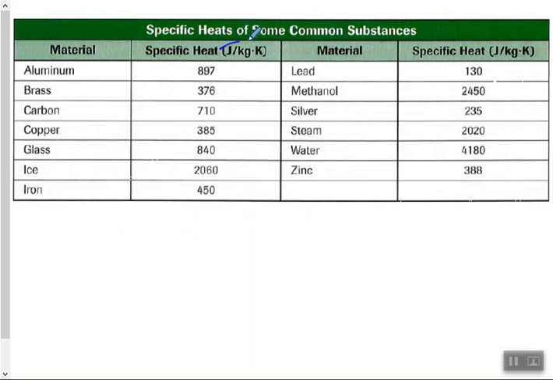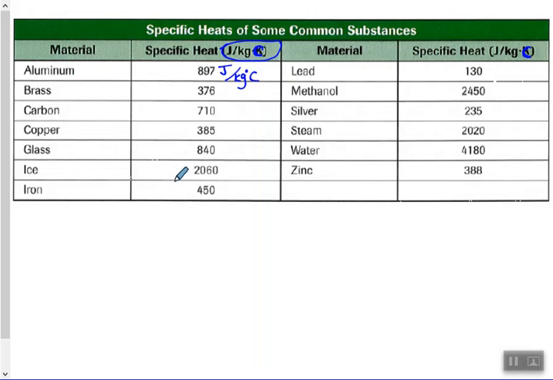What these units mean is for every joule of heat that's added... you'll see this is kilograms Kelvin instead of Celsius, but remember it's the same. So for aluminum, 897 joules per kilogram degree Celsius. This means that it takes 897 joules to raise 1 kilogram of aluminum 1 degree Celsius, or 1 Kelvin.